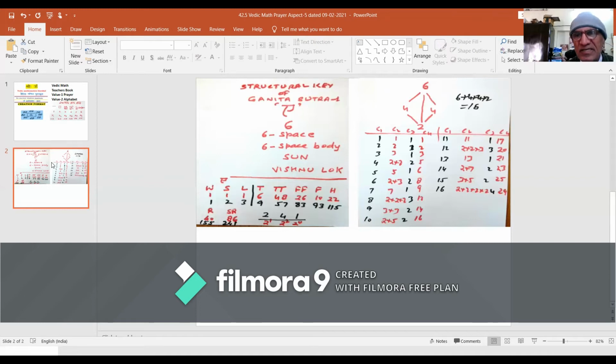The sun, Surya, is also a 6 space body. Surya being a 6 space body, it makes the solar universe as a 6 space format.